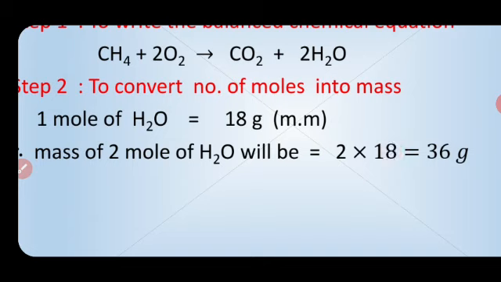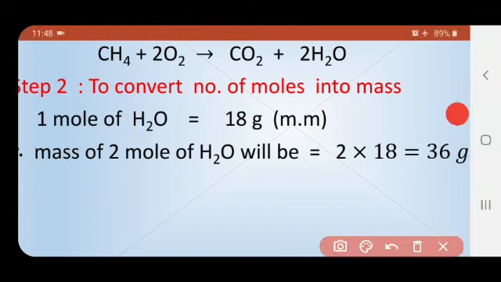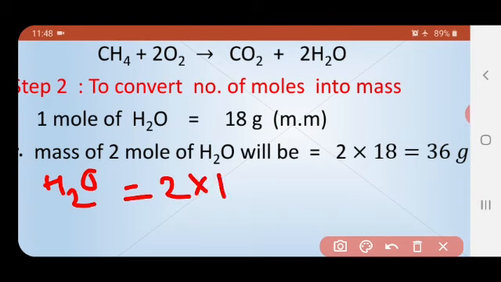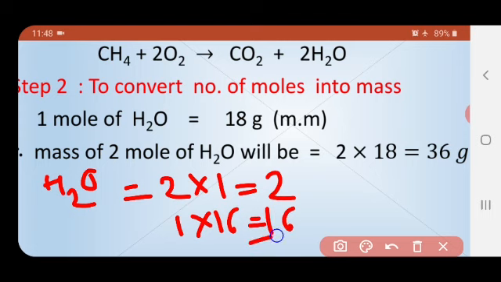So 1 mole of water is nothing but 18 gram, the molecular mass of water. Now how is it 18? Because 2 hydrogen and 1 oxygen. 2 into 1, the atomic mass of hydrogen is 1, therefore total 2. 1 oxygen: what is the atomic mass of oxygen? It is 16. So 16 plus 2 is equal to 18.